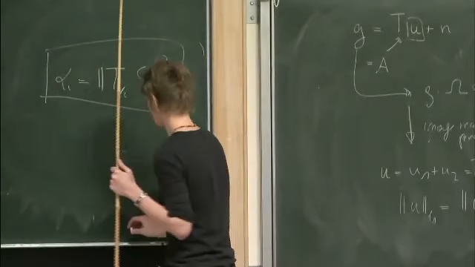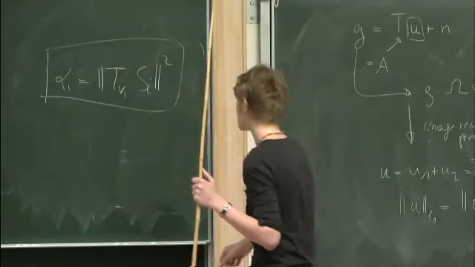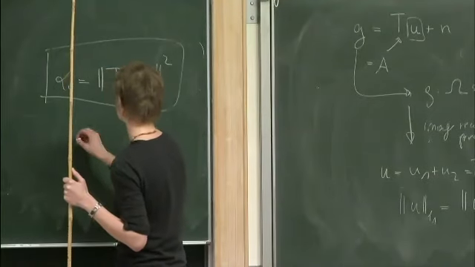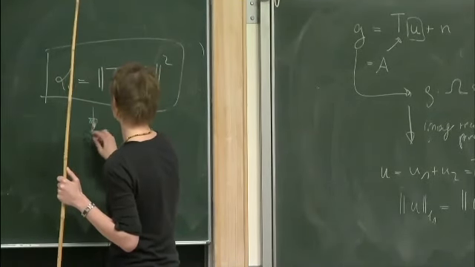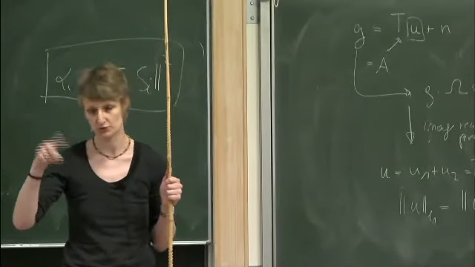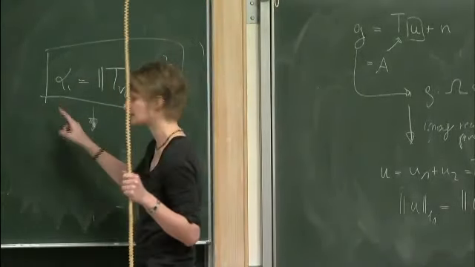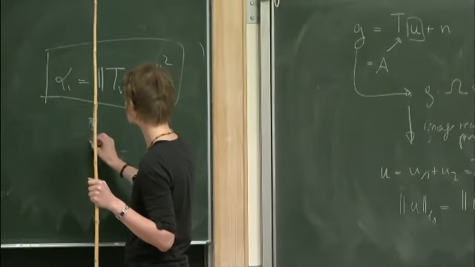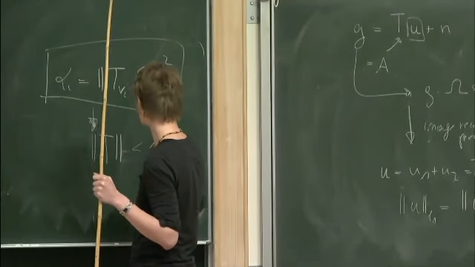What I want is that the operator in the problem I'm solving, if I normalize like this, I'm normalizing such that the new operator T has a norm smaller than 1.